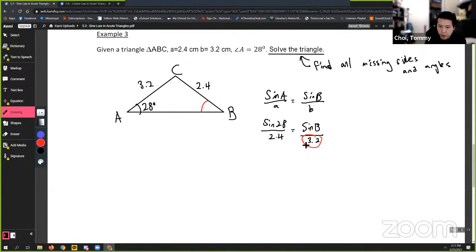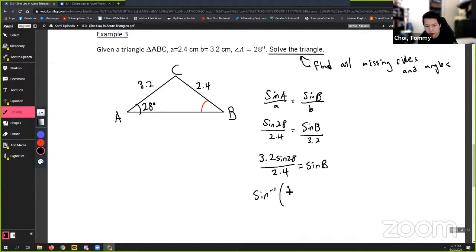We then move the 3.2 to the other side by multiplying it over, and so we get 3.2 sine 28 all divided by 2.4 is equal to sine B. Since we want to isolate B, we sine inverse this whole fraction.